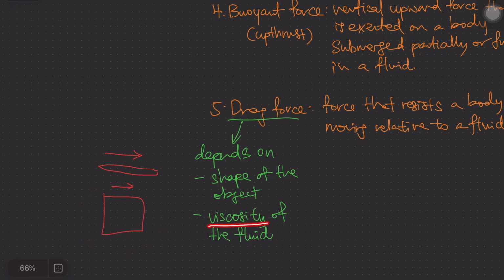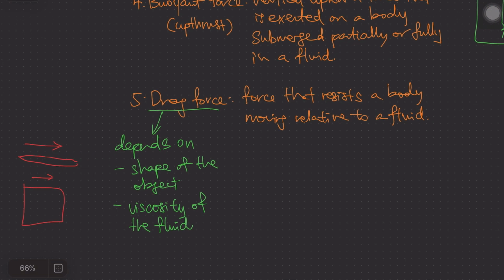Additionally, for viscosity, let's say we have an object traveling through water as compared to a thick gluey substance. You expect that the thick gluey substance results in significantly more drag force on the object as compared to the plain water. So that's the idea of drag force. And a very classic example of drag force would be that of air resistance.